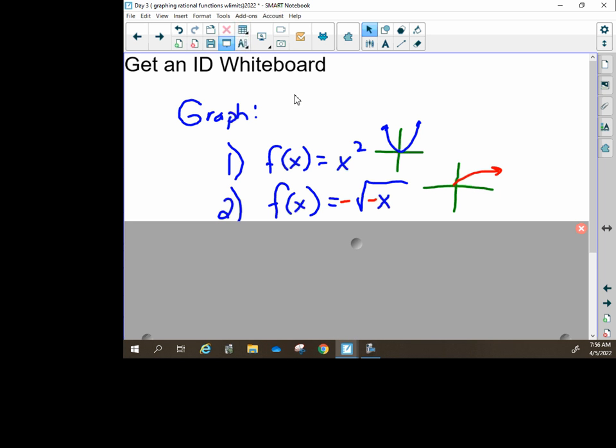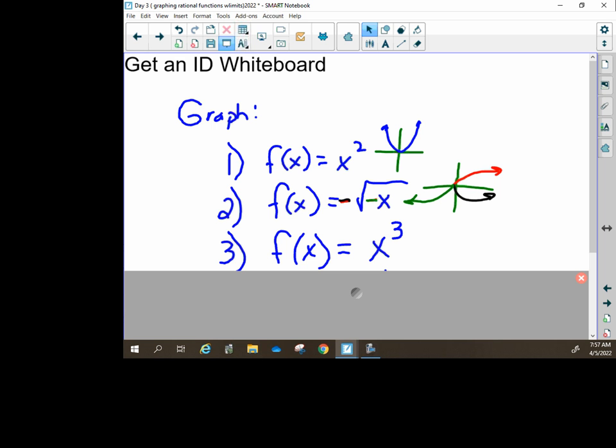Yes, it is. So this minus right here, and this minus right here. That green was the equation that had the double negative.